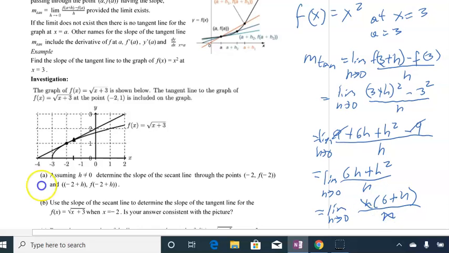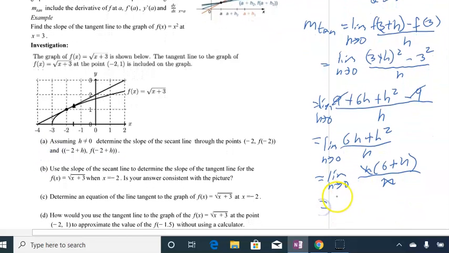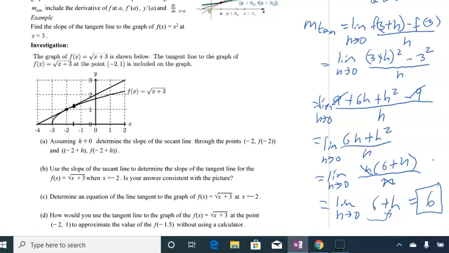Now these two cancel, so we have the limit as h approaches 0 of 6 plus h, and that would just be equal to 6. Okay, so if you plug in h equals 0 here, that becomes 6, and 6 is the answer that we're looking for. All right, so that is our answer using our m tan approach.